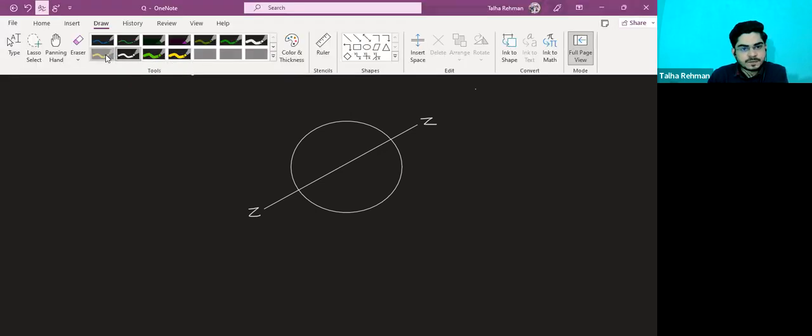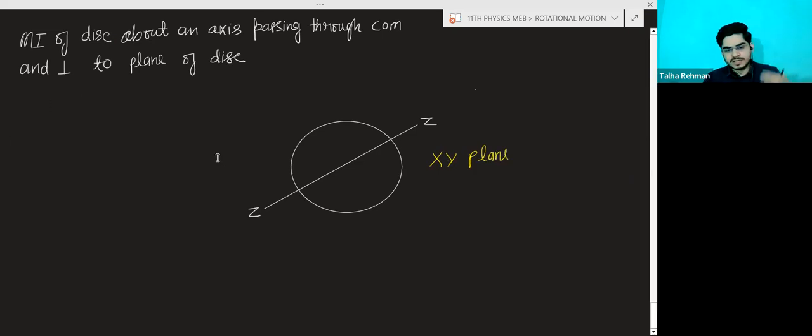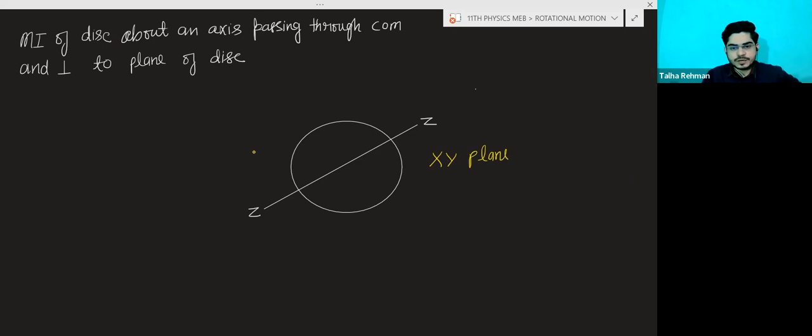As this is a disk, how will we find the moment of inertia? This is also continuous mass, and remember this disk is lying in the xy plane, so the z-axis will be the perpendicular axis. About the z-axis we want to find the moment of inertia, and this is the center of mass here.